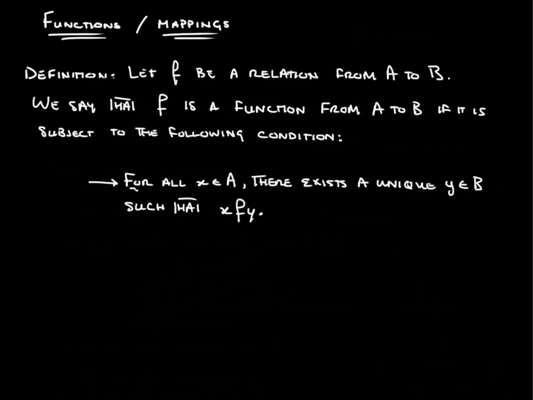Okay, so some keywords here. For all elements x that is in A, there exists, and it is unique. So there exists a unique y in B such that we have that x is related to y by f.